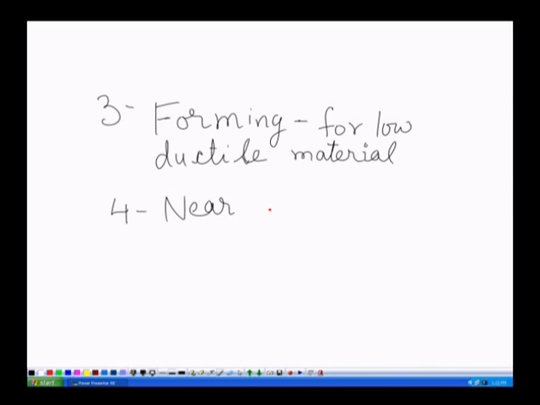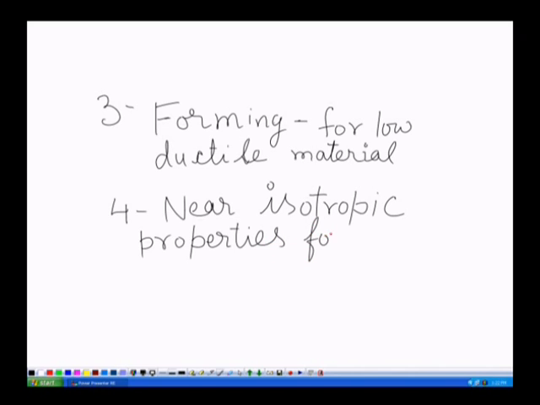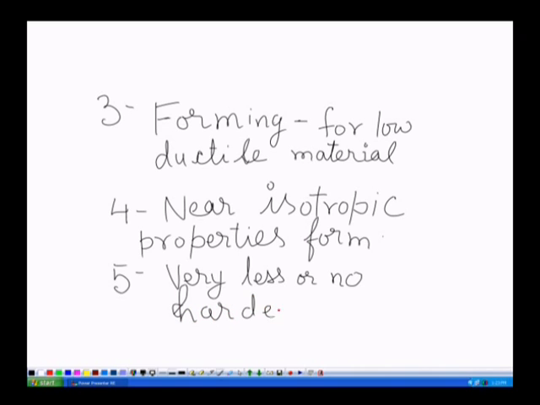Fourth, near isotropic properties. Fifth one, very less or no hardening of the metal is done.